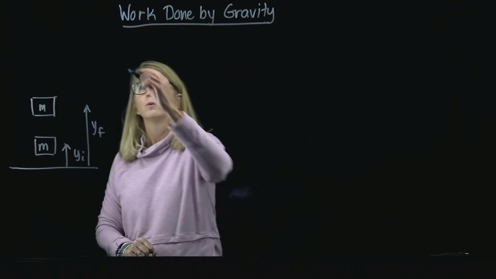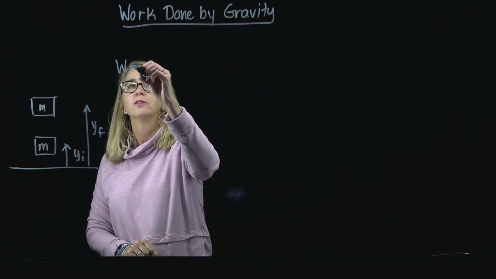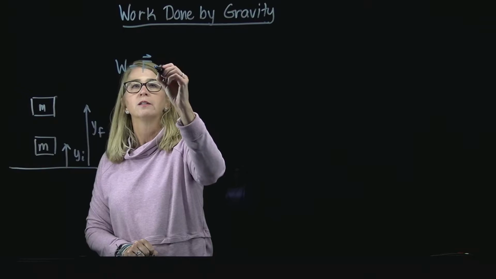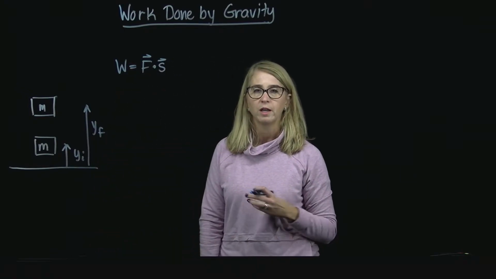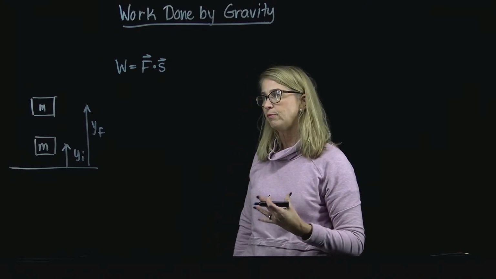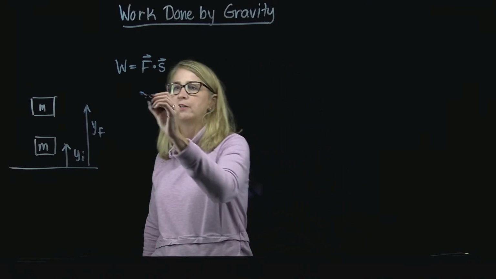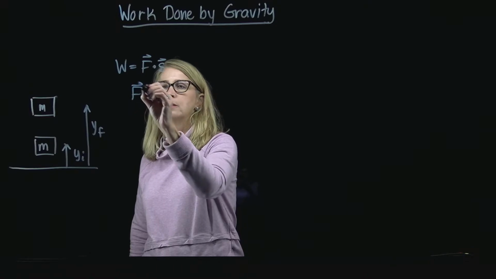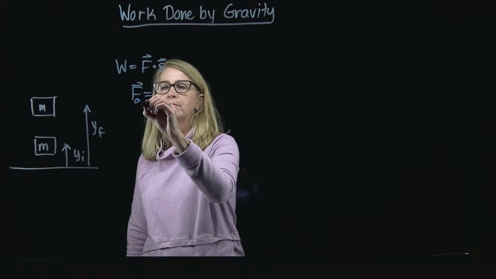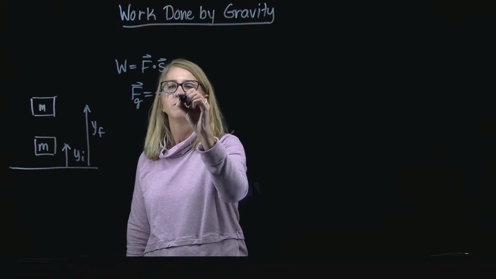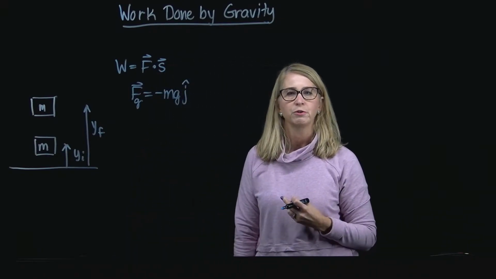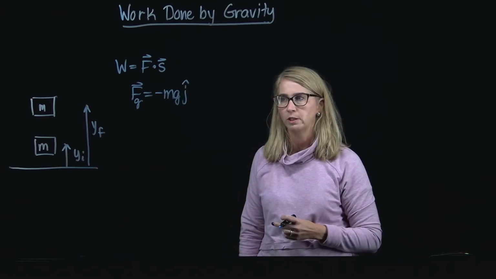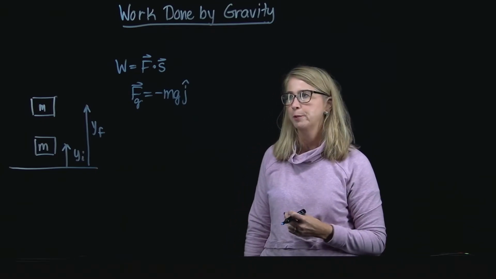And so we know that the work in this case is a dot product of the force times the displacement. In this scenario, our force is the force of gravity, so that's minus mg, and I'm going to use the unit vector notation because it ends up being really friendly to use here.